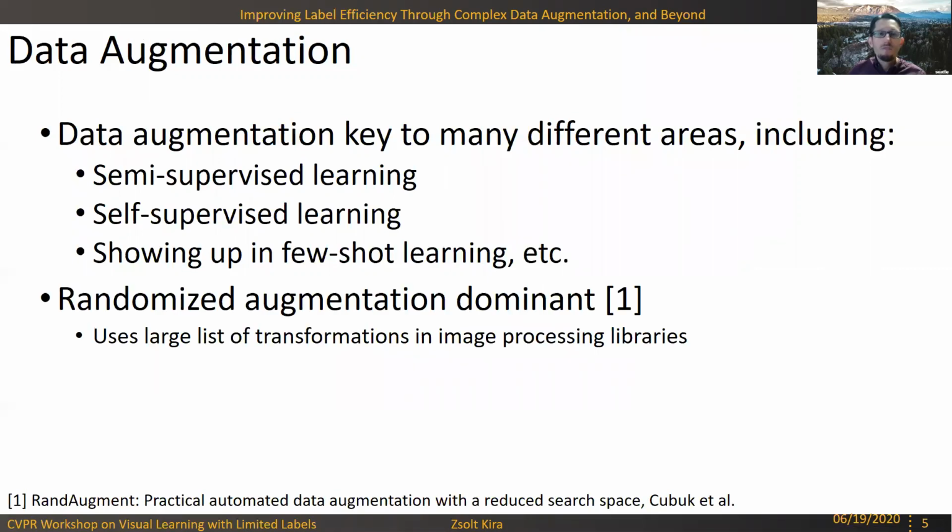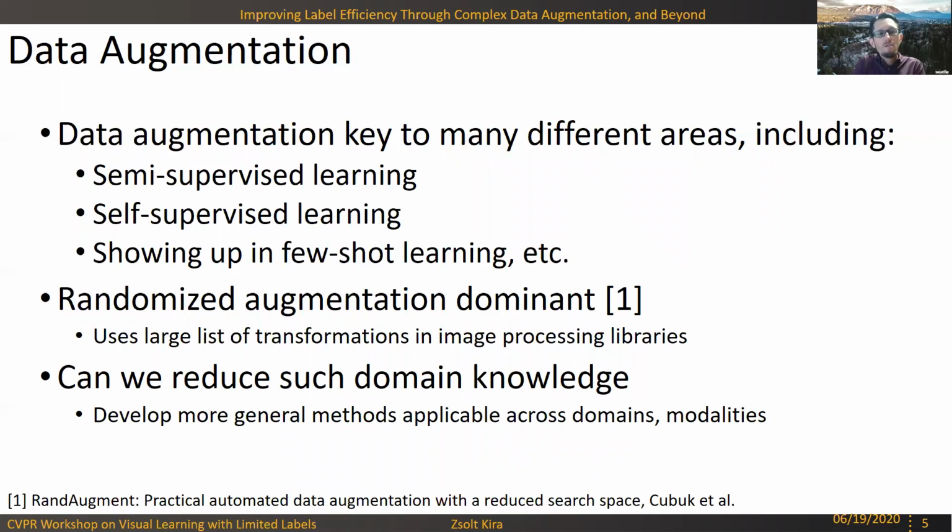Methods have been developed such as randomized data augmentation, where we have a list of, let's say, 100 different augmentations, for example from an image processing library, that perform various forms of transformations. Of course, this requires some domain knowledge. Computer vision experts know what types of transformations we'll have in the testing set and that won't destroy semantic information in the image.